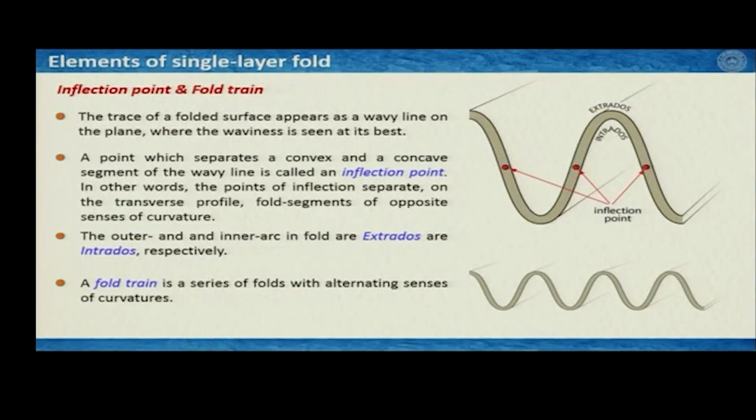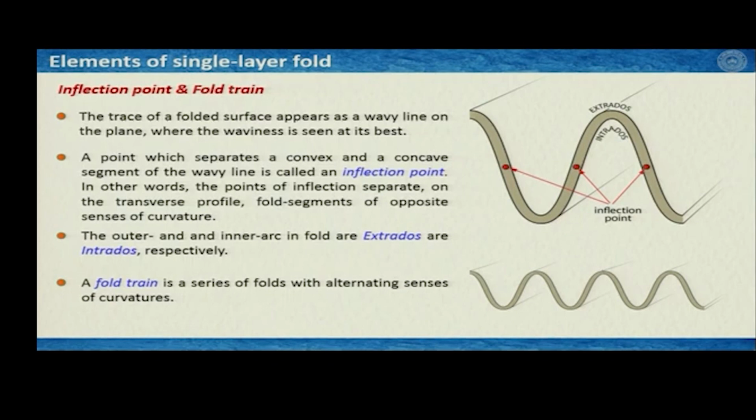The first thing we will learn is inflection point and fold train. These are the elements of a single layer fold. We will see more terminologies in the next slides, but let us focus on the inflection point and fold train.